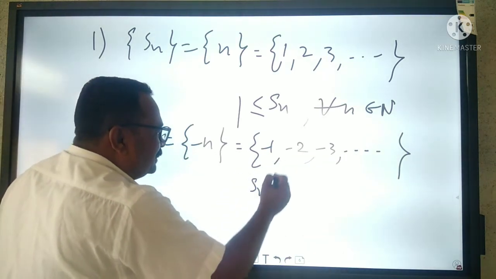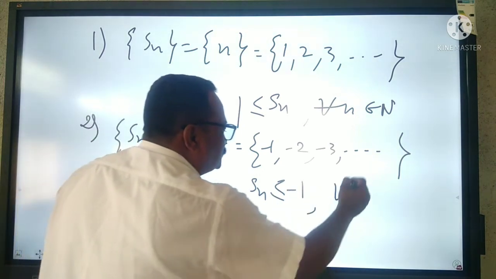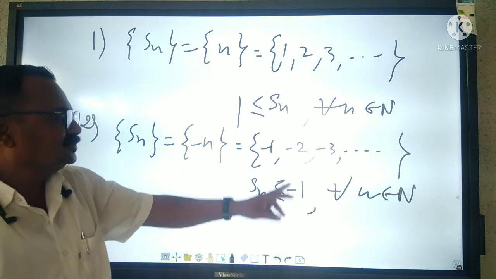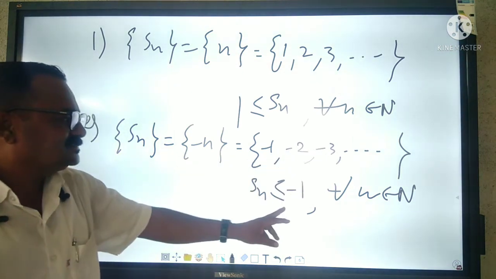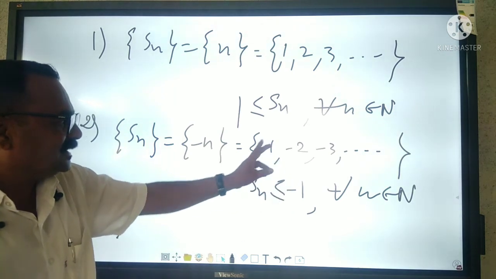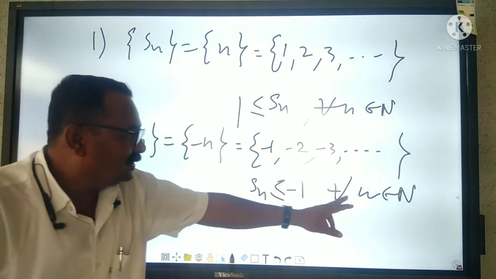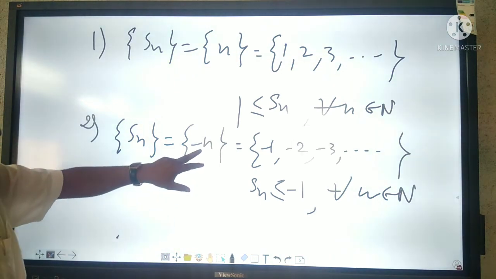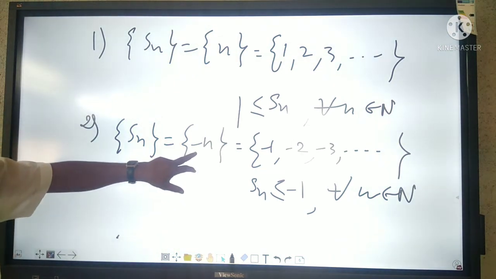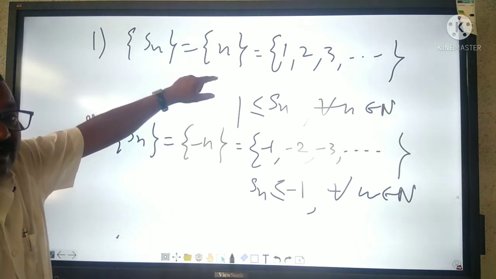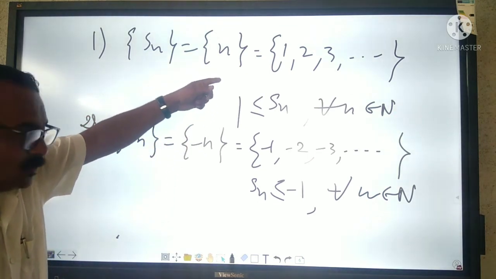Clearly Sn is less than or equal to minus 1 for all n belongs to N. Minus 2 is less than minus 1, minus 3 is less than minus 1. So minus 1 is the greatest number in this case. So this sequence is bounded above. The sequence minus n is bounded above; the sequence n is bounded below.